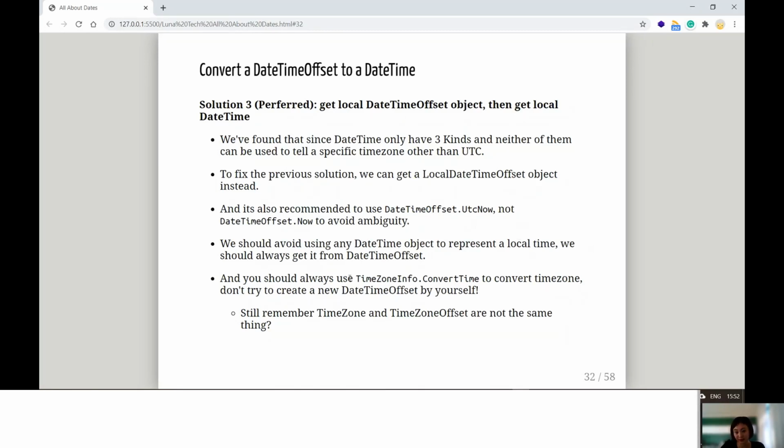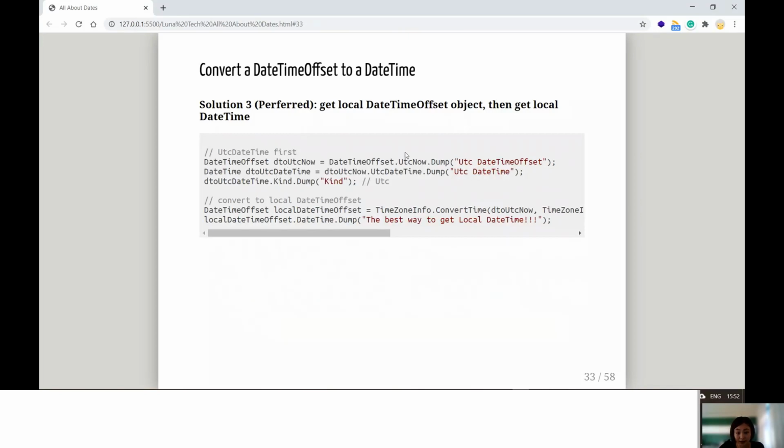If you're using this, then it's like using an interface, someone already implemented it. So this is the solution I came up with. I first get the UTC now, and then the UTC DateTime, so the kind is UTC. Because I need to use a DateTime and then give it a time zone offset, I can't just use this UTC offset to give it a time zone.